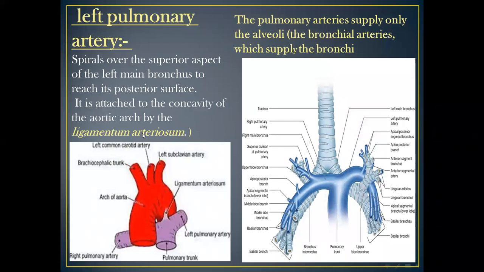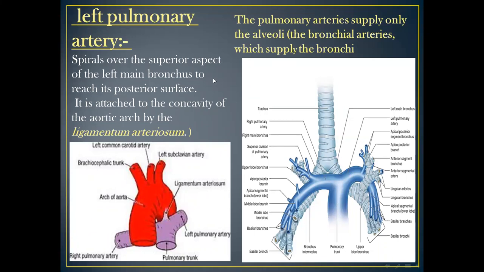The left pulmonary artery spirals over the superior aspect of the left main bronchus to reach the posterior surface. It is attached to the concavity of the aortic arch by the ligamentum arteriosum. This is the ligamentum arteriosum between the left pulmonary artery and the aortic arch.